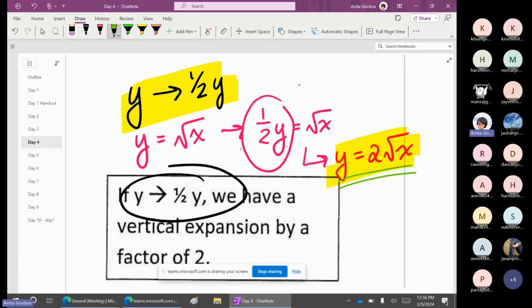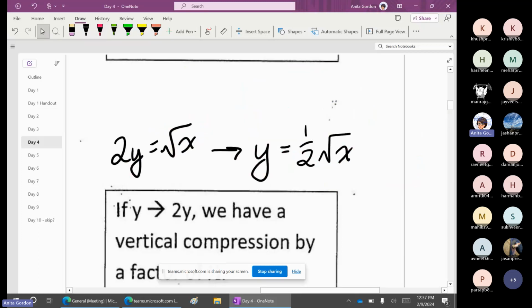So whatever coefficient is going to be on the x, you're thinking about the reciprocal. Because with y, 1/2 y is an expansion by 2, and we'll see it when we solve for y. But we're not going to be solving for x. So we always have to think x is the opposite of what we see. So it's going to be the reciprocal.